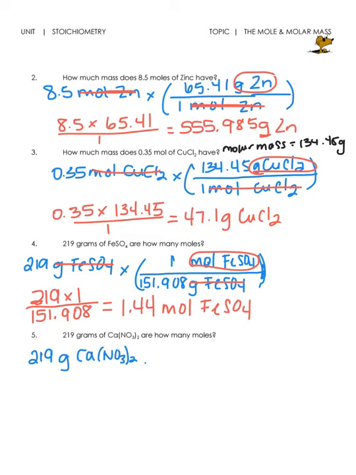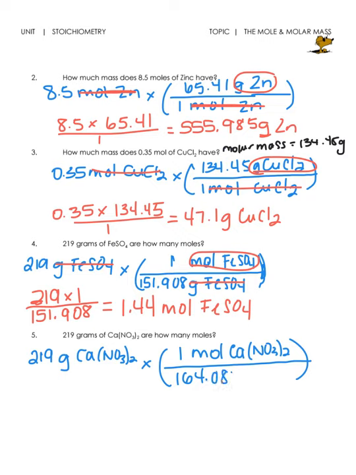All right, so I write my given and choose my appropriate conversion factor. So 1 mole of calcium nitrate in the numerator, and then the molar mass of calcium nitrate is going to go down here in the denominator.